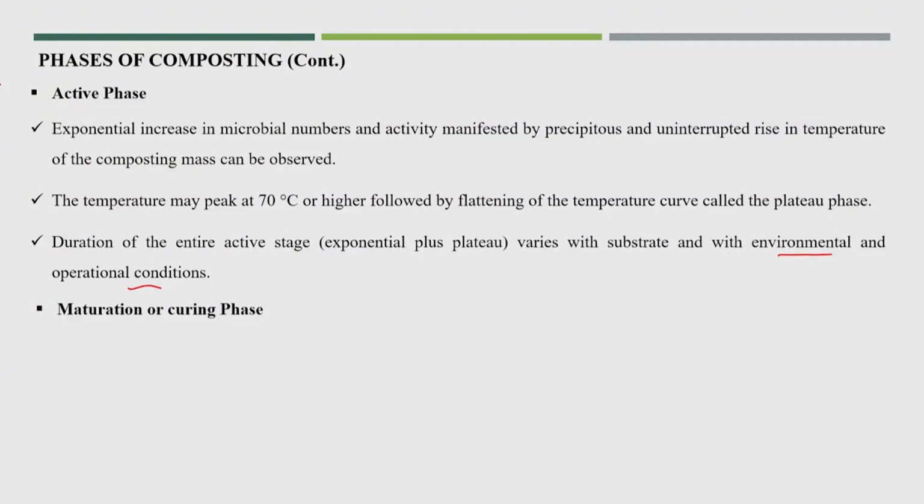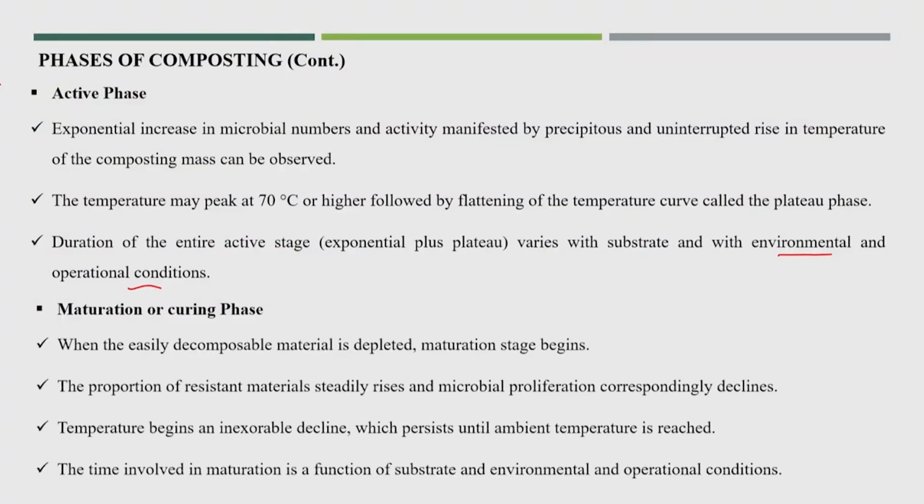And finally, the maturation or curing phase. When the easily decomposable material is depleted, the maturation stage begins, and the proportion of resistant microbes steadily rises while microbe proliferation declines. In maturation there won't be availability of food for the microbes, so obviously their population also will get reduced.